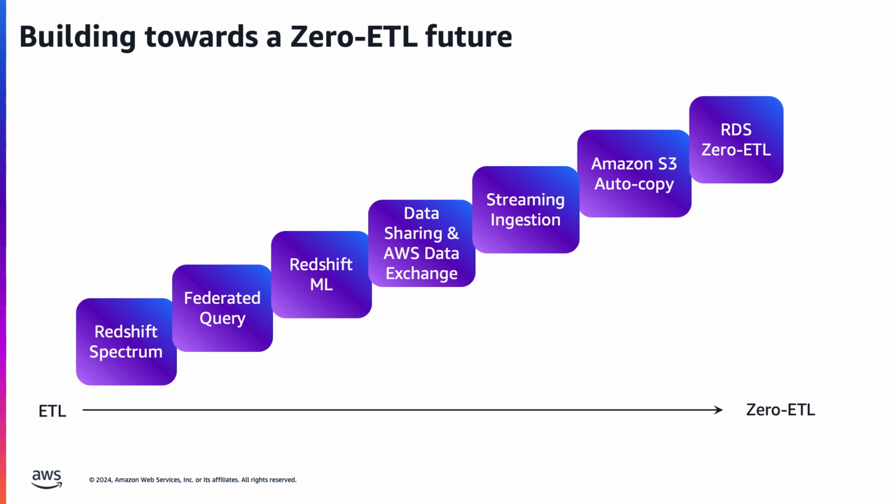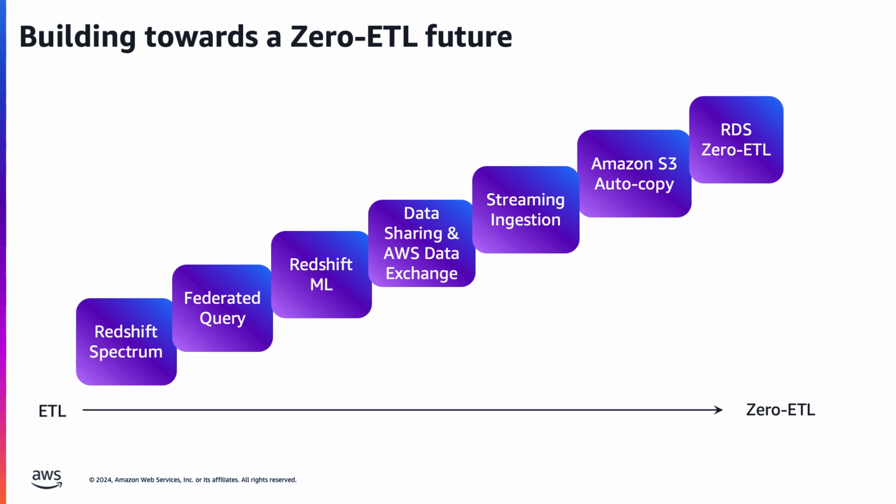The streaming ingestion in Amazon Redshift makes data available for analytics faster, leveraging materialized views on top of Amazon managed Kafka and Kinesis streams. With Amazon S3 auto-copy, you can now set up continuous file ingestion from your Amazon S3, which automatically loads new files without the need for additional tools or custom solutions.